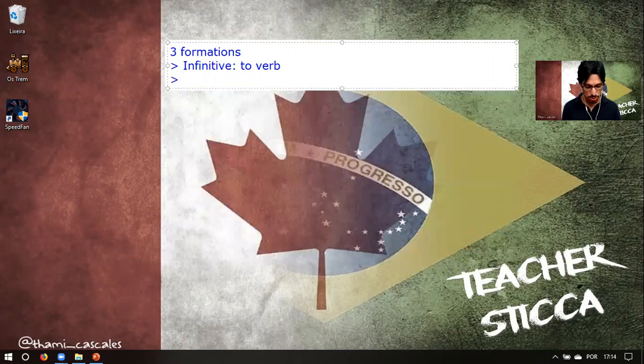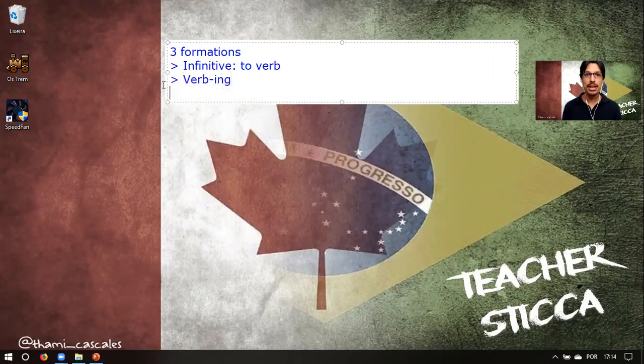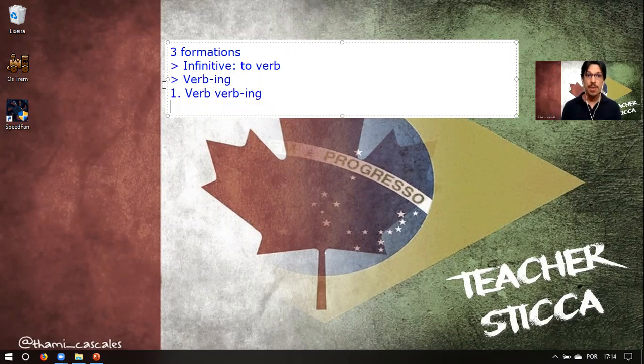The second situation is when we have the verb in ing. When do we have verbs in ing? The first situation is the case of verb, ing. Now, this is also very, very common, but I personally believe that verb to verb is more common. So much so that for verb ing, we have to memorize a list of verbs that require the following verb to be in the ing formation.